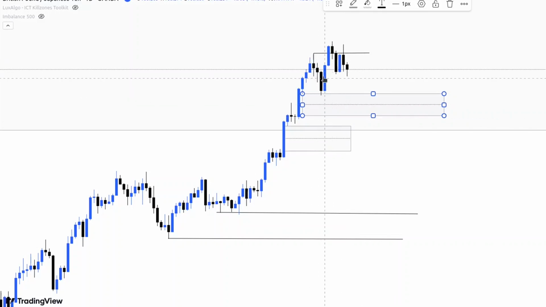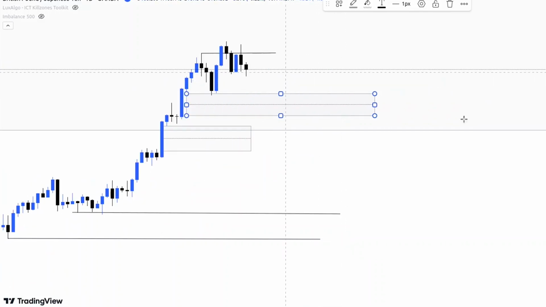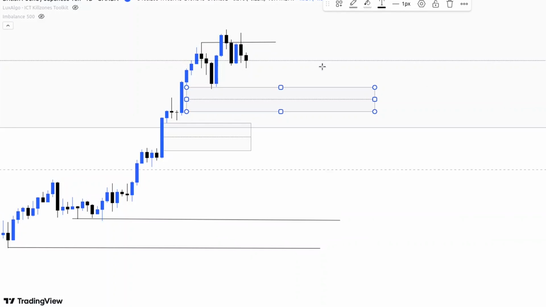As you can see here, we have this pullback, which is the first phase in change in state of delivery, but it failed. Like I said, the fact that you saw a change in state of delivery doesn't mean that price will go that way. This is the first phase, but it failed.